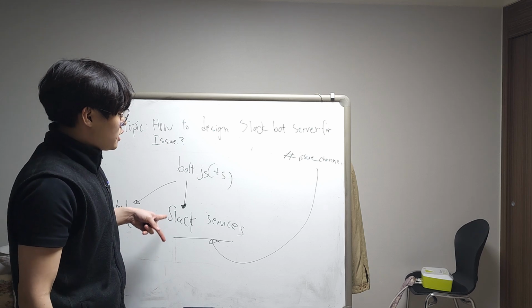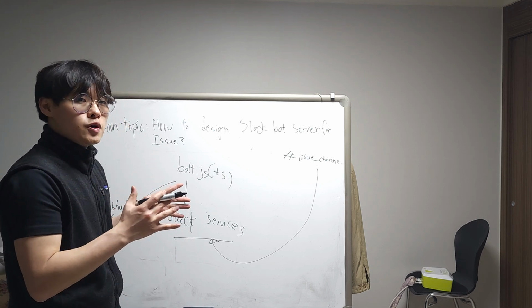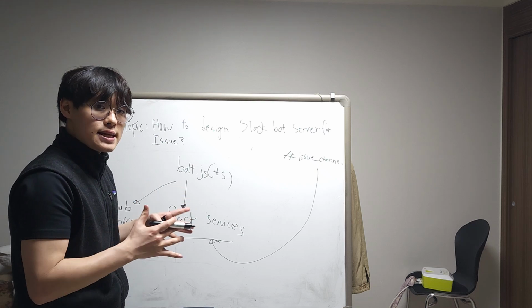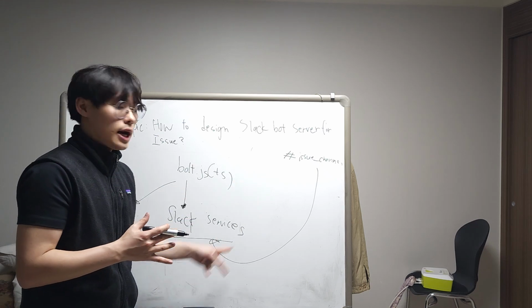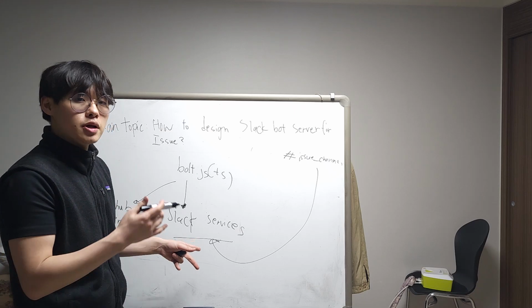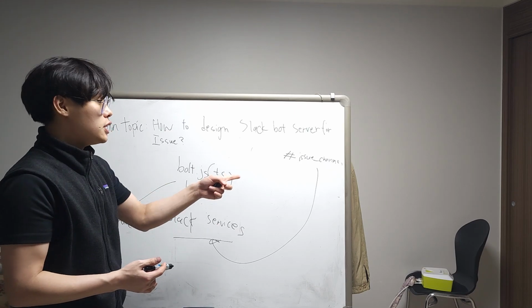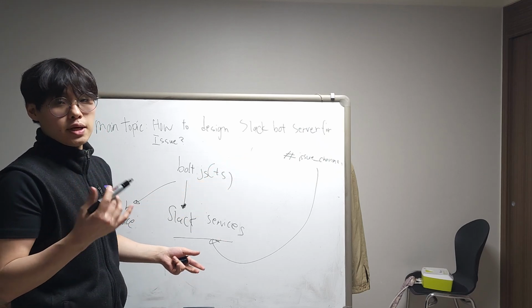This Slack service has a domain for which Slack channel to subscribe to, because I already hard coded it. I know hard coding is a really bad thing, but this is just a test case, so we're using hard coding rather than a DB.